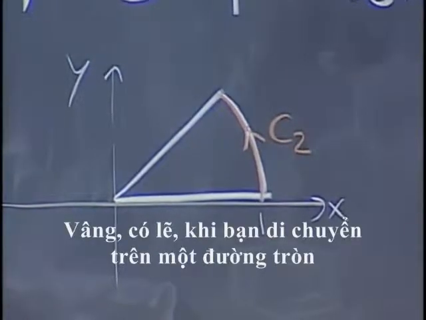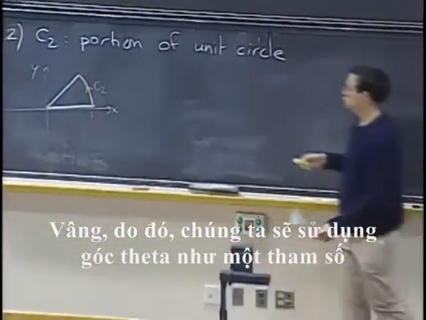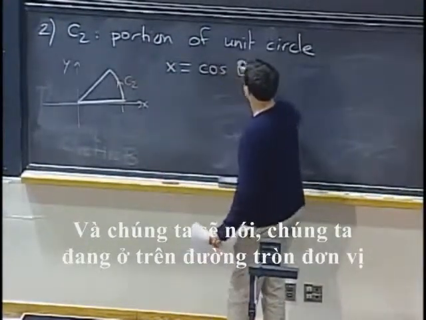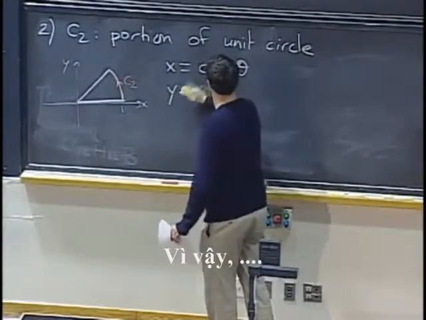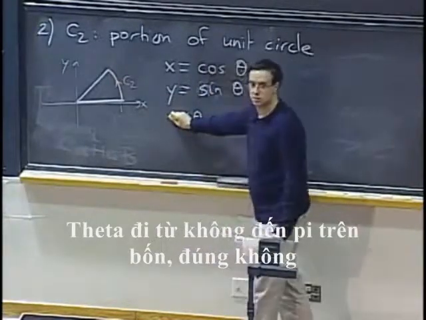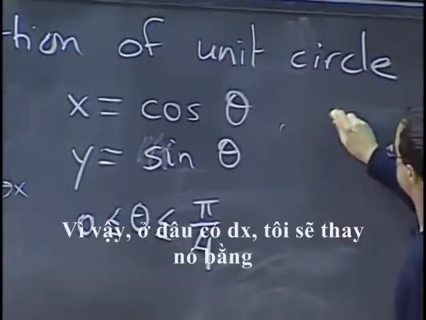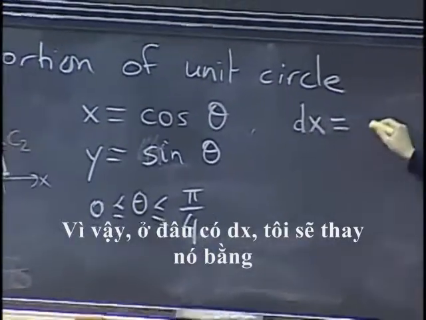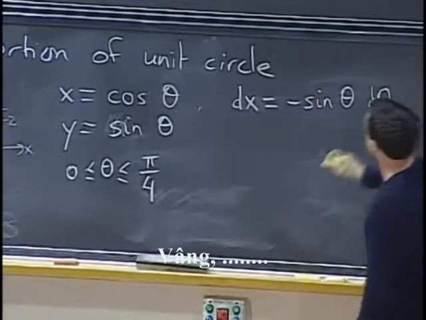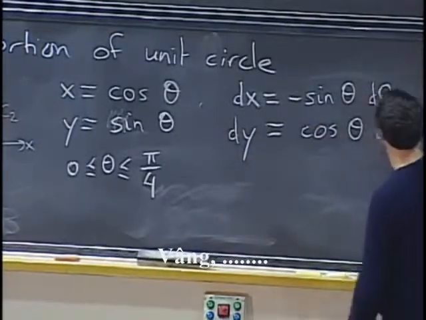Well, most likely when you're moving on a circle, you're going to use the angle along the circle to tell you where you are. So we're going to use the angle theta as parameter, and we'll say, we're on the unit circle, so x is cosine theta, and y is sine theta. What's the range of theta? Theta goes from 0 to pi over 4. So whenever I see dx, I will replace it by, the derivative of cosine is negative sine, so minus sine theta d theta. And dy, the derivative of sine is cosine, so it will become cosine theta d theta.